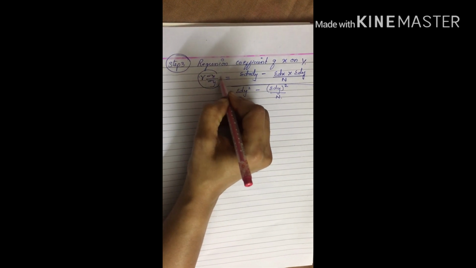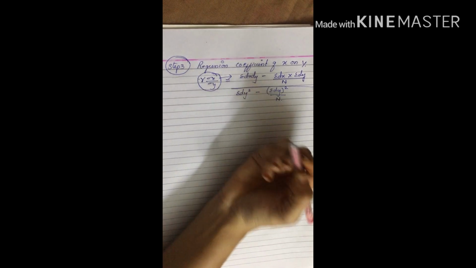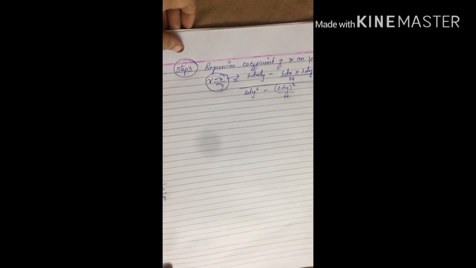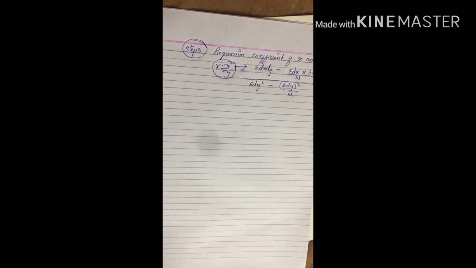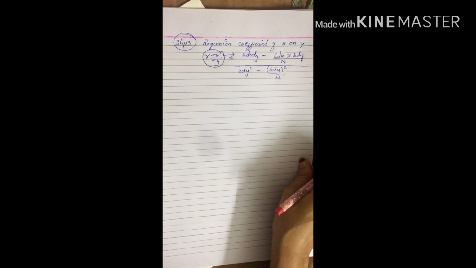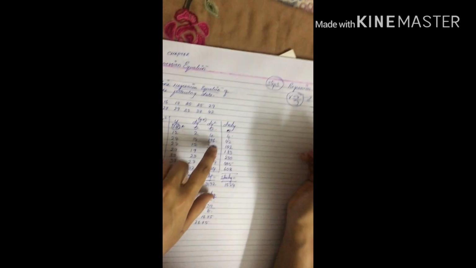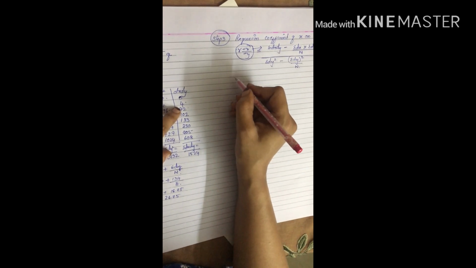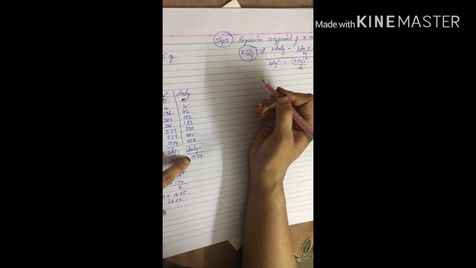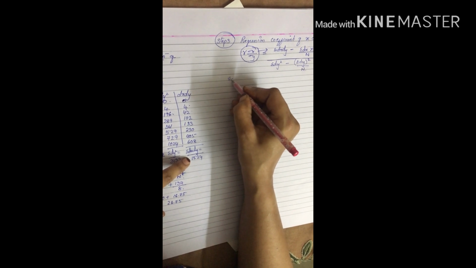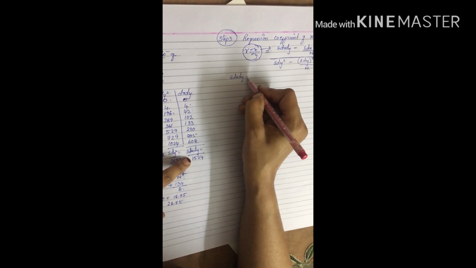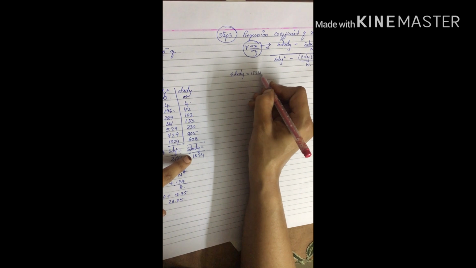Basically we are calculating this. For this the formula is this one. So we have sigma dx dy; I'll write here sigma dx dy equal to 1524.